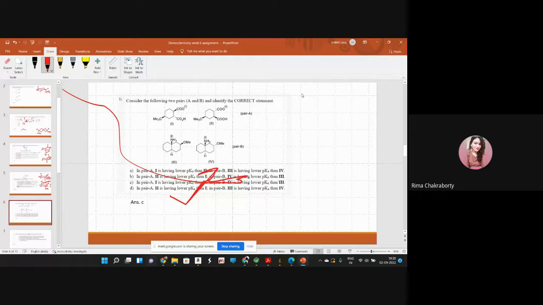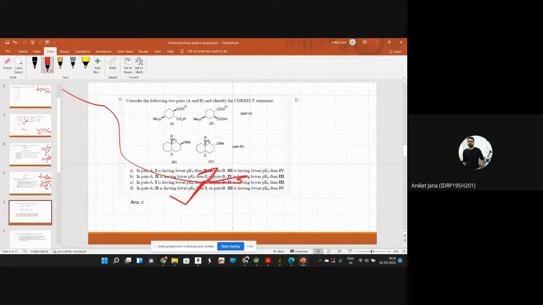Anybody wants to say something? Yes, sir. The more acidic the compound is, the less will be the pK value. Exactly. The more acidic the compound, the less pK value it has.